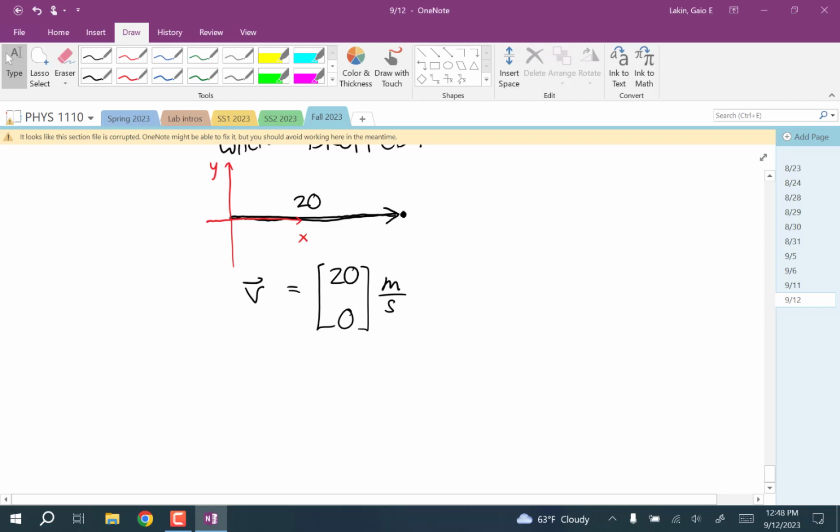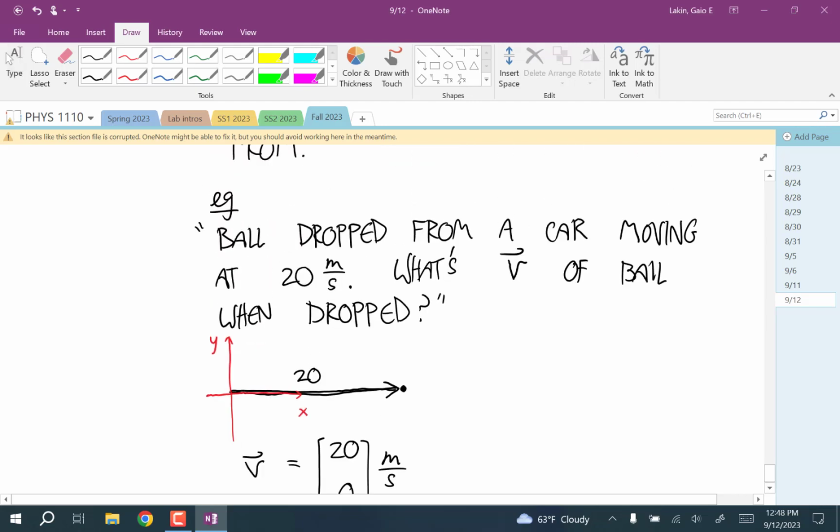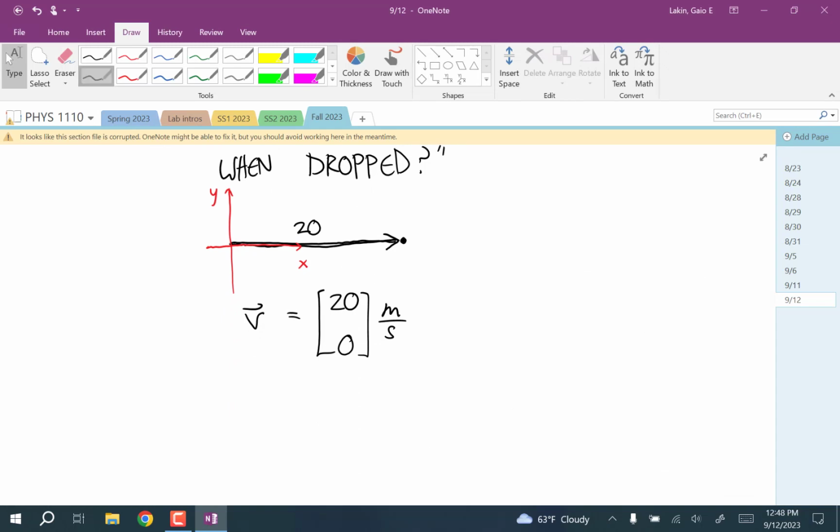Okay, and then the last one we have to talk about is acceleration. Oh no, there's one more thing you have to notice.